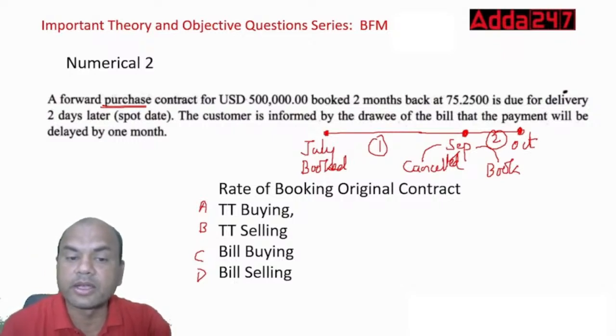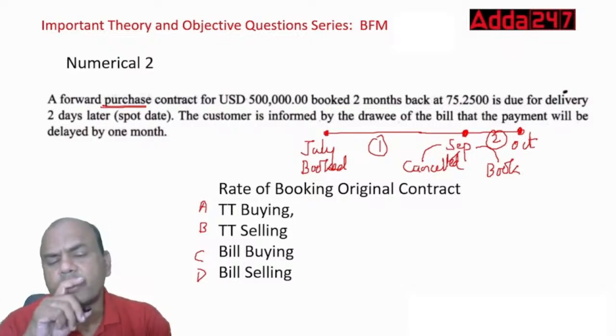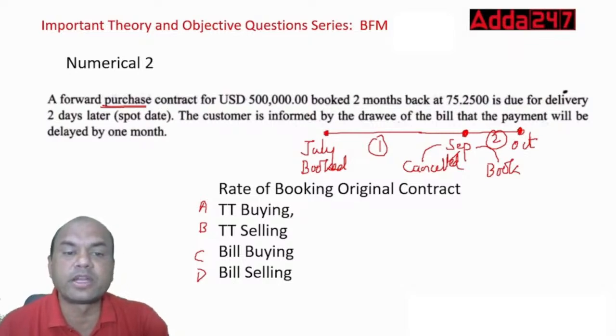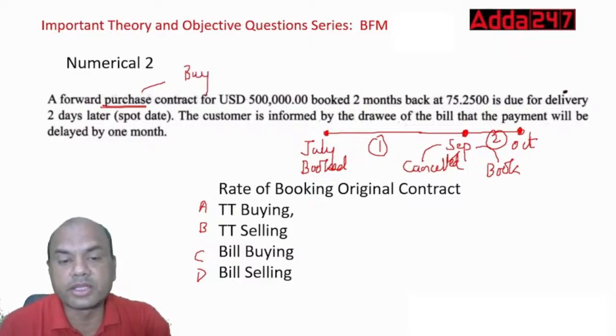TT buying, TT selling, bill buying or bill selling? What do you think? Purchase contract. Purchase means buying. So if it is buy, then the answer is only two remaining: either TT buying or bill buying.